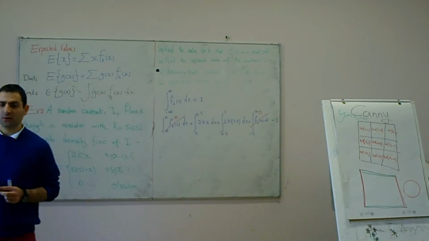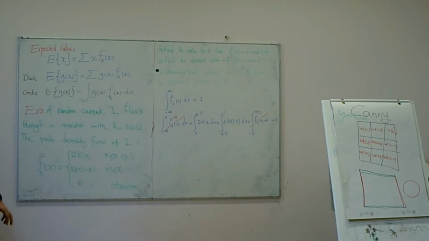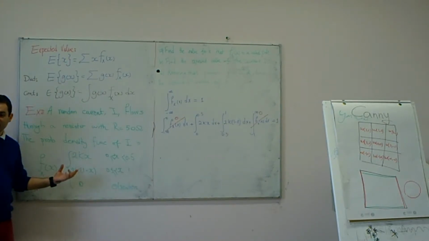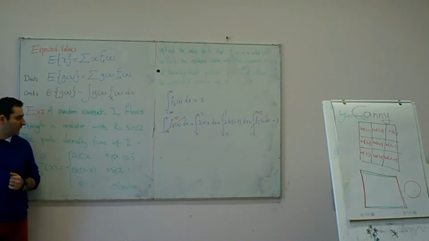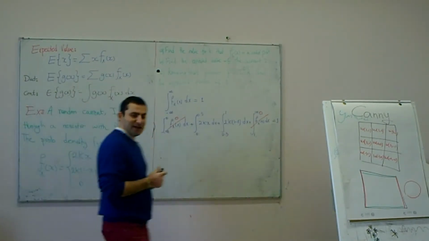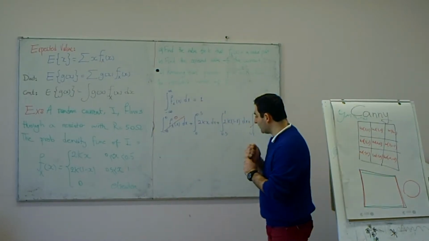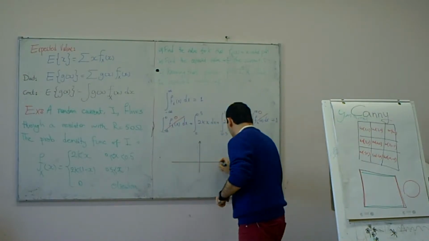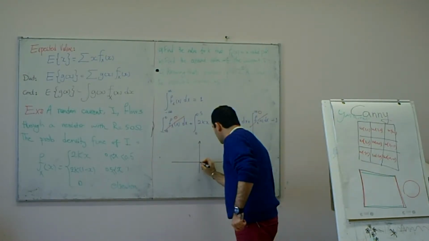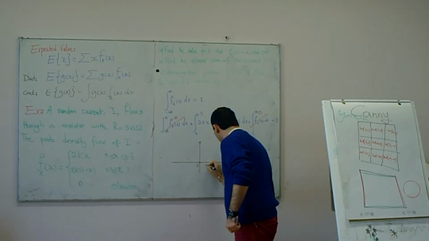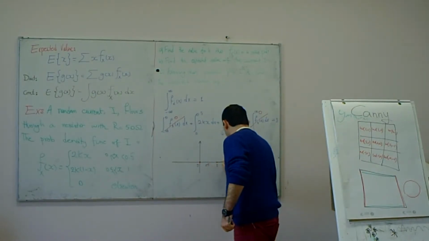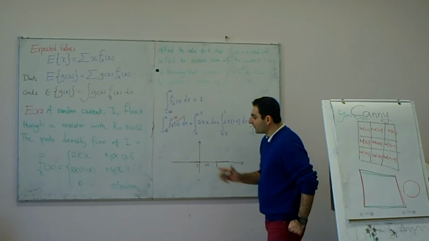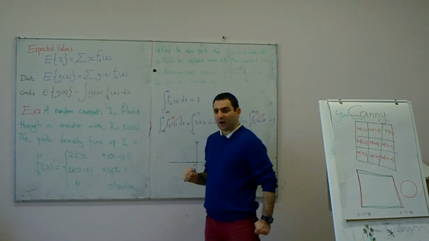I am not going to solve this integral because when we have such a nice piecewise linear function, we can use geometry to solve it. How I am using geometry is this. We know that everything is between 0 and 1. Before and after that it is 0, which we don't care about. From 0 to 0.5, I have 2kx.